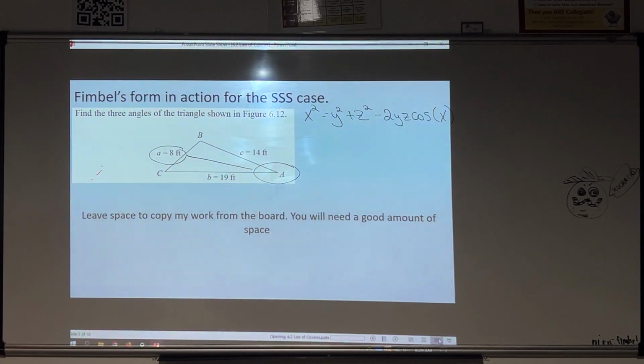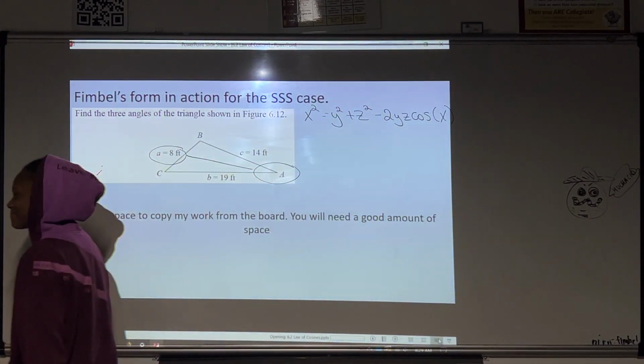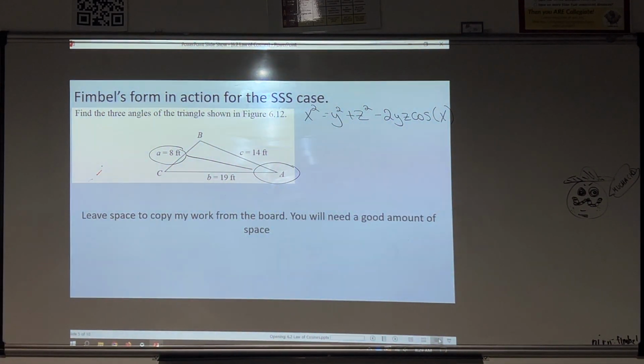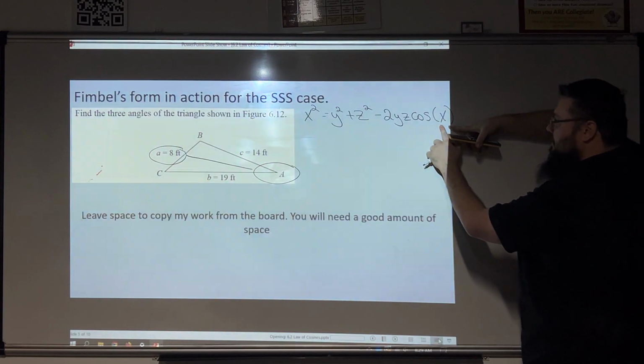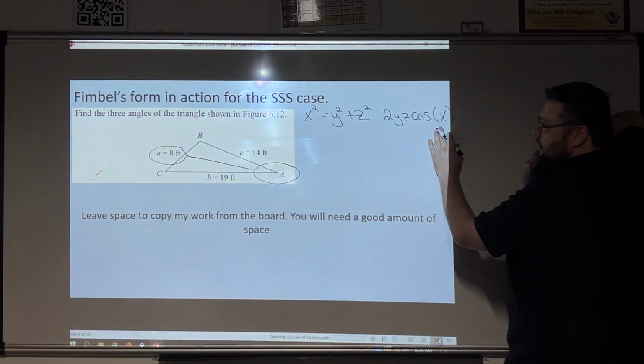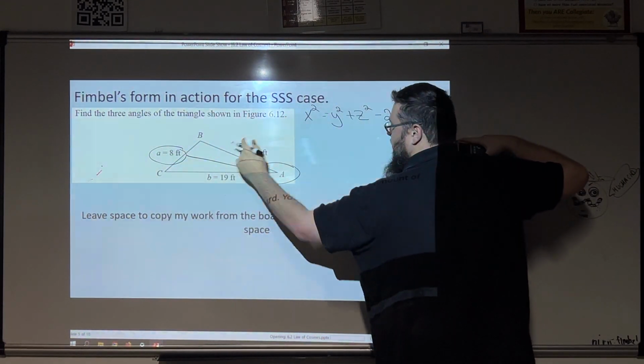All right. So here, remember, when I plug in something here, that's my angle, and I don't know it, so I'm going to retain that x. So here's my side length of 8.